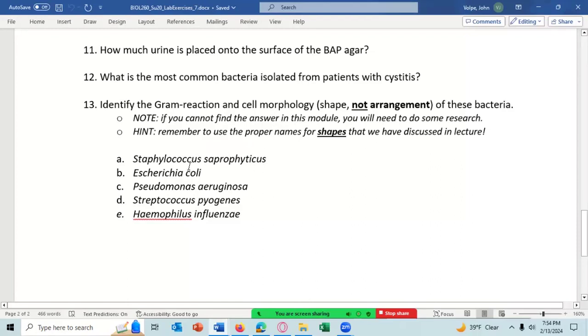For 13B, do that for E. coli. For 13C, do that for Pseudomonas aeruginosa. For 13D, do that for Streptococcus pyogenes. And then for 13E, you can do this one, Haemophilus influenzae, from both the lab module and the appendix of the lab module.